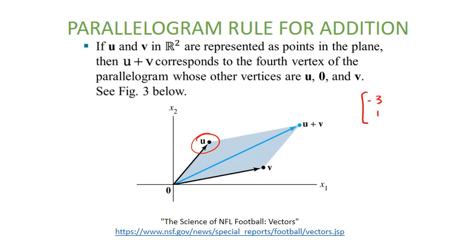So if I have this vector, this corresponds to the ordered pair negative 3, 1. So I would plot that and draw in this arrow, which represents a vector. So I have two different vectors here, and if I want to add them together, it gives me this vector here, which is found by basically finding the length of the diagonal of a parallelogram.